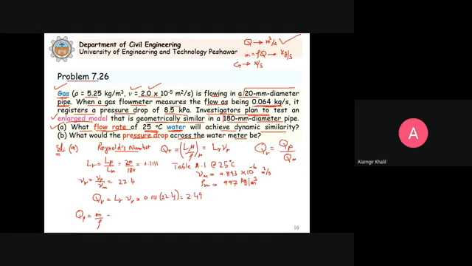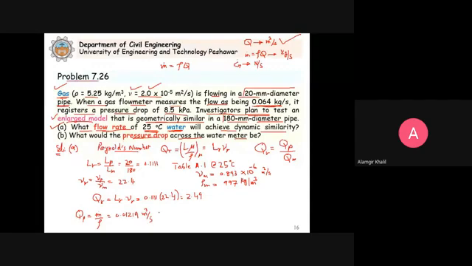Clear? So what is m dot? You see, m dot is rho q. This is the mass flow rate. So divided by rho, it will become q, the volumetric flow rate. So this will be equal to 0.01219 cubic meter per second.